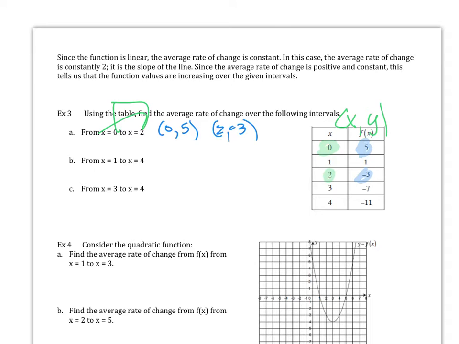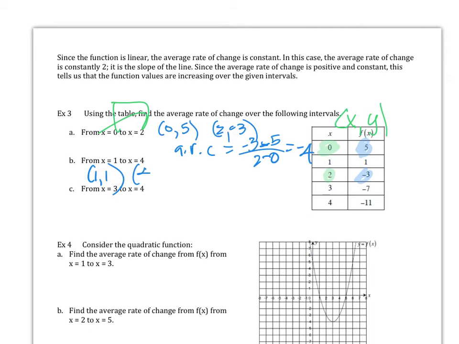So to calculate the average rate of change, we're going to do the output, subtract the other one, over 2 minus 0, we get -4. The next one, between 1 and 4, our point at 1 is 1, 1.